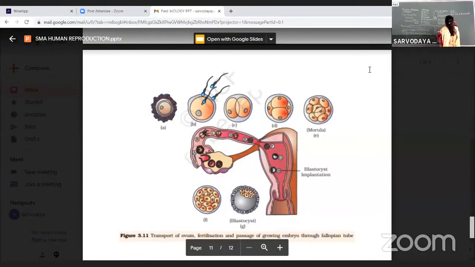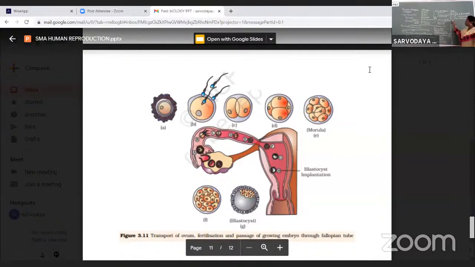At the end of the second month, we observe limbs and digits are formed. At the end of the third month, major organ systems are formed.